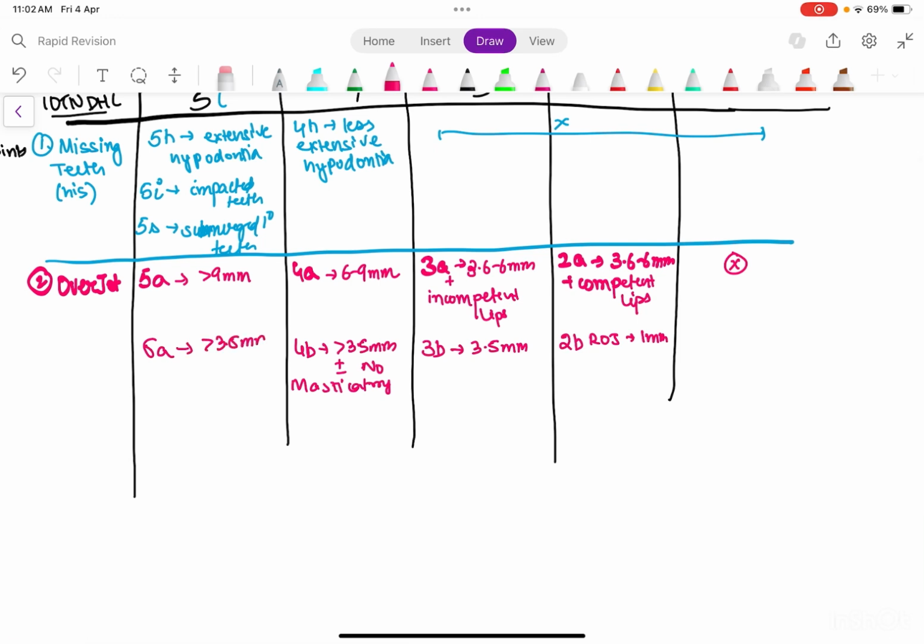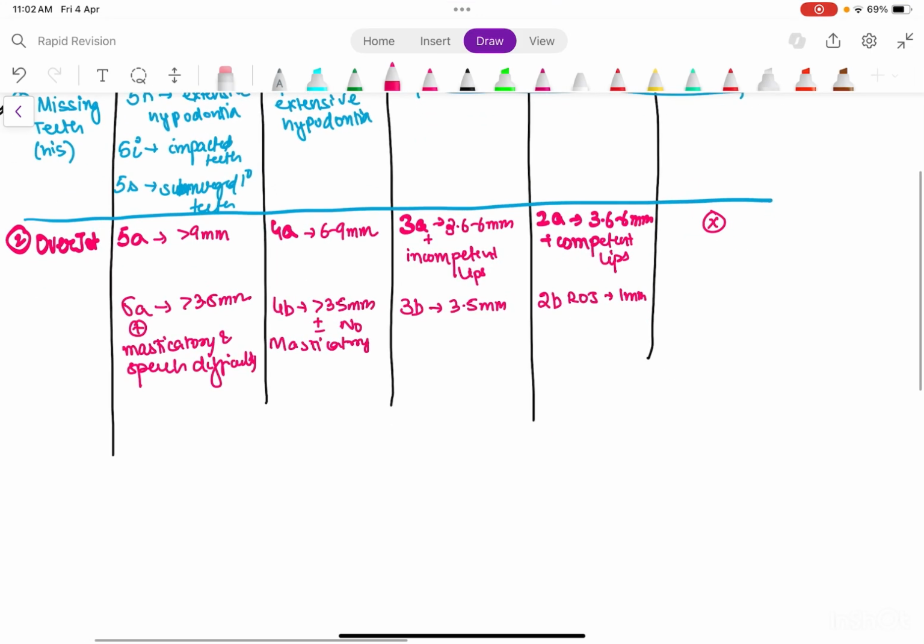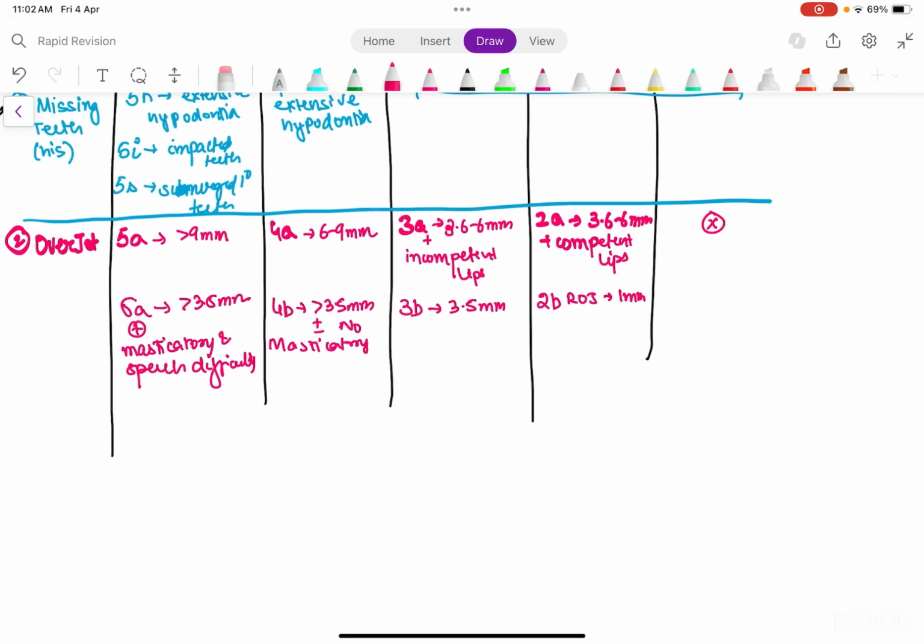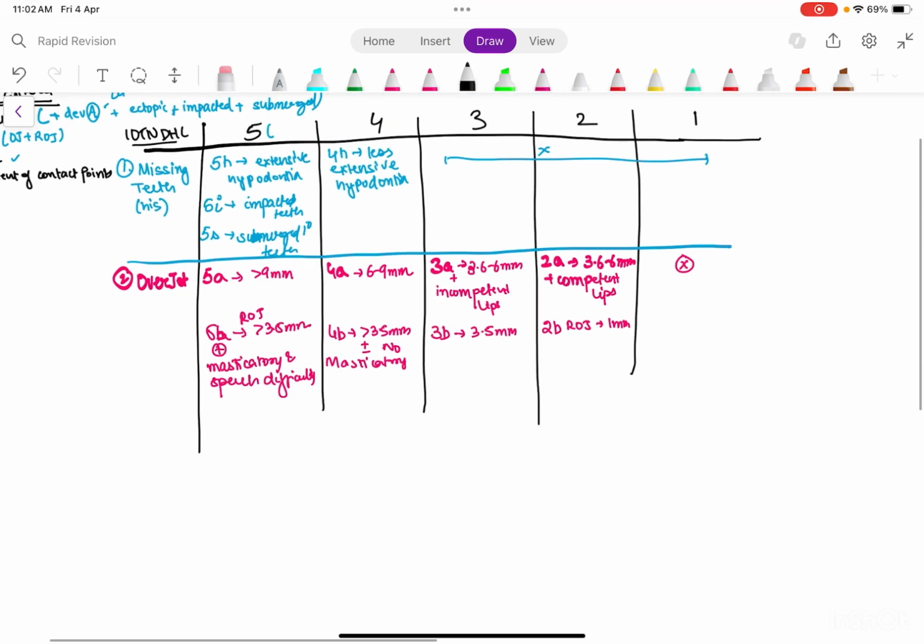In 5B you again have more than 3.5 mm, plus masticatory and speech difficulty. Okay, done with this component, reverse overjet.